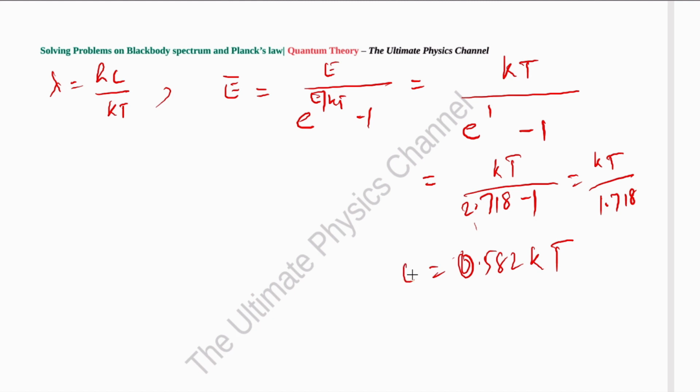So the average energy would be about 0.582 kT if the total energy E is kT.